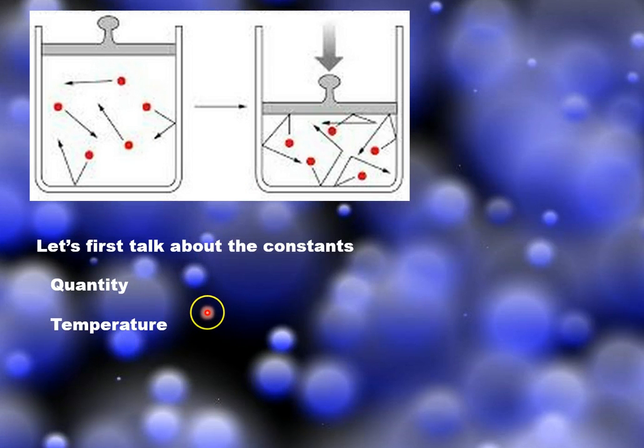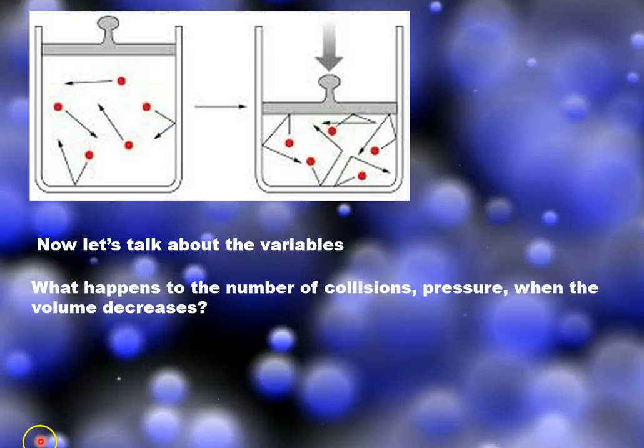The temperature is the same, and we're going to represent temperature by whooshies, and we don't really see any whooshies here, so we haven't increased the temperature or the kinetic energy, so those particles are moving at the same speed between the 2 cylinders, so therefore they have the same temperature. So the variables then are the volume, which I've already mentioned. We've decreased the volume, and when we decrease the volume, then we see that the number of collisions has increased.